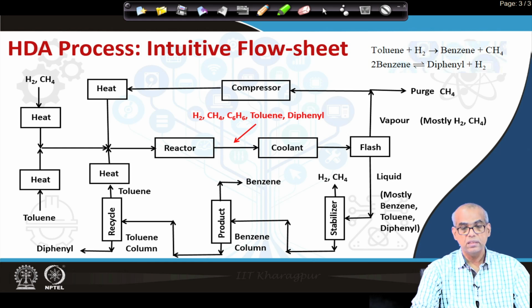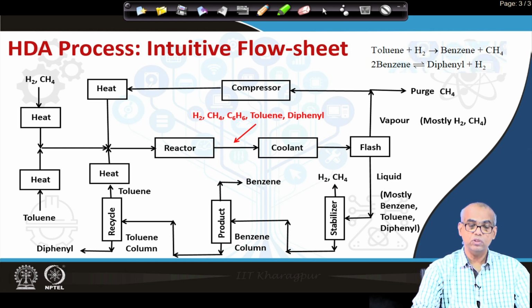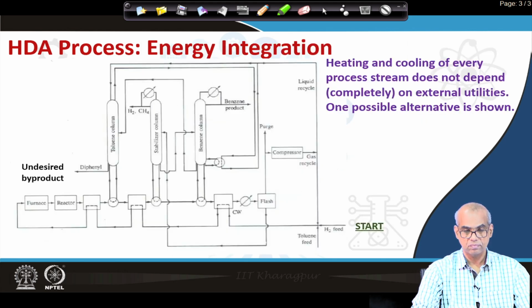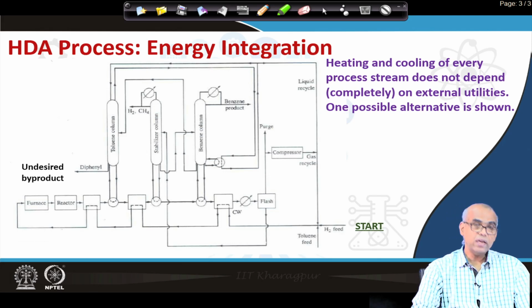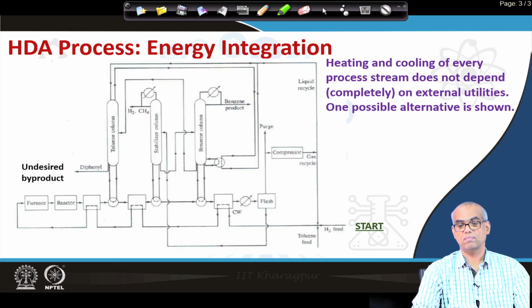So, this is the intuitive flow sheet that we could develop from the description of the process. Now, the flow sheet that we just discussed is definitely not an efficient flow sheet, because heating and cooling of every process stream depends on external utilities.